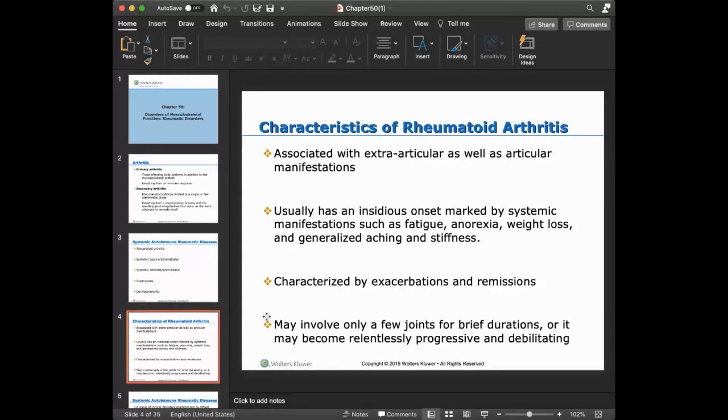Rheumatoid arthritis has exacerbations and remissions, and it can be due to different things. Some patients have exacerbations when they get very cold. Some have exacerbations when they get sick. Anything that can diminish your body processes and affect your overall body processes can lead to an exacerbation. It can also affect just a few joints for a brief duration.